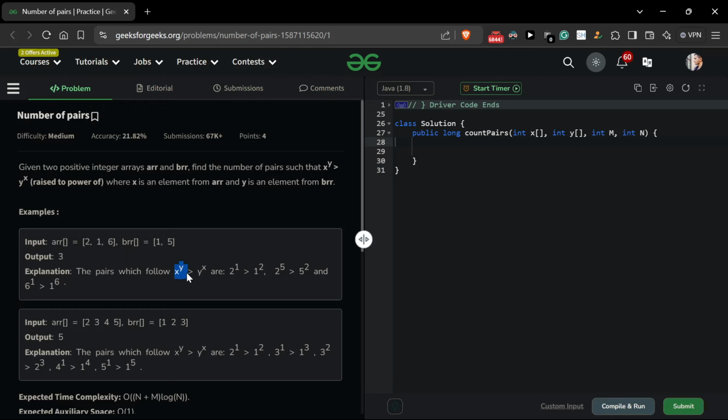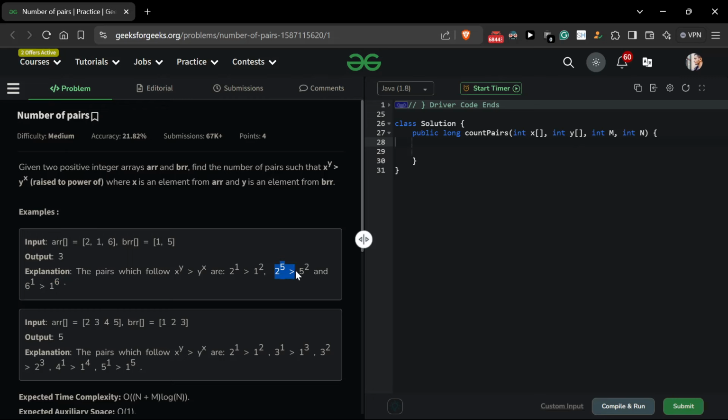If we have a value x to the power of y, this value must be greater than the other value, which is y to the power of x. In this case, first we have this pair, so 2 is greater than 1, then this pair, where x to the power of y is greater than y to the power of x, then the third is this.